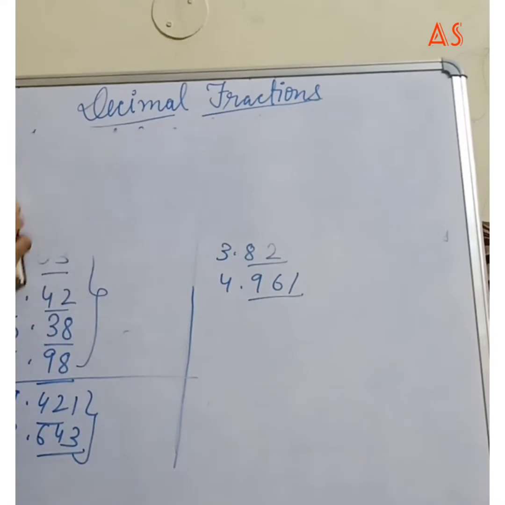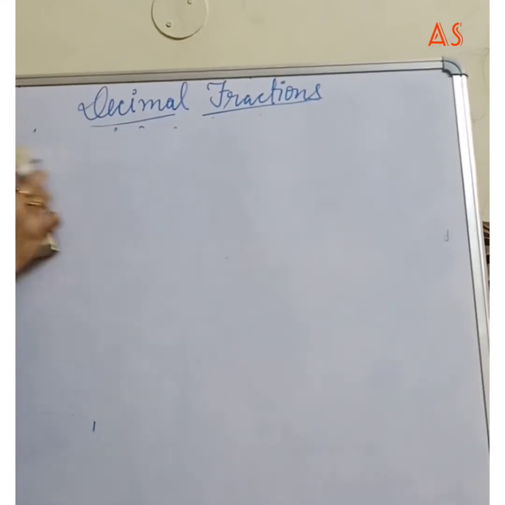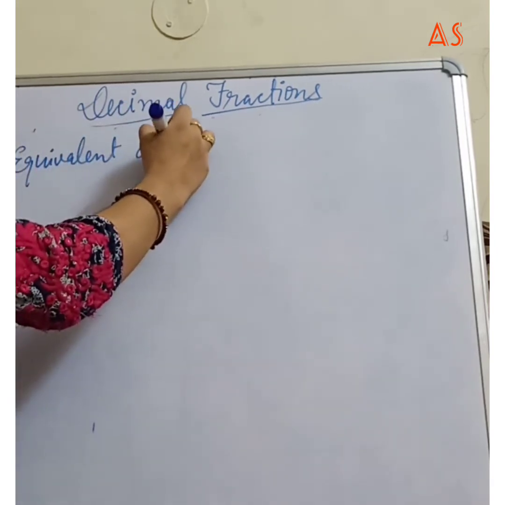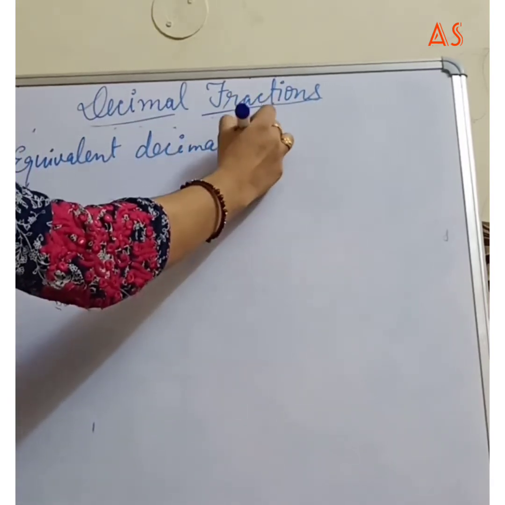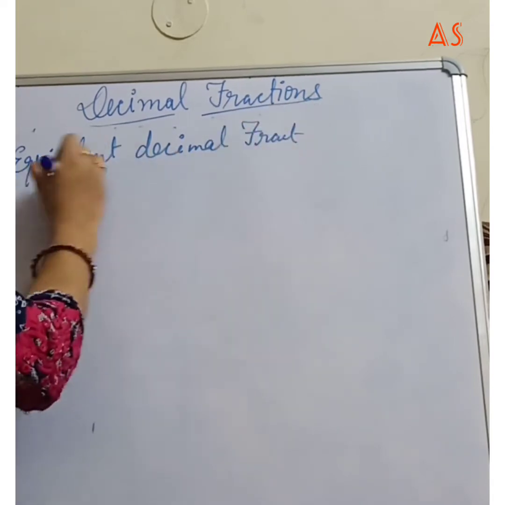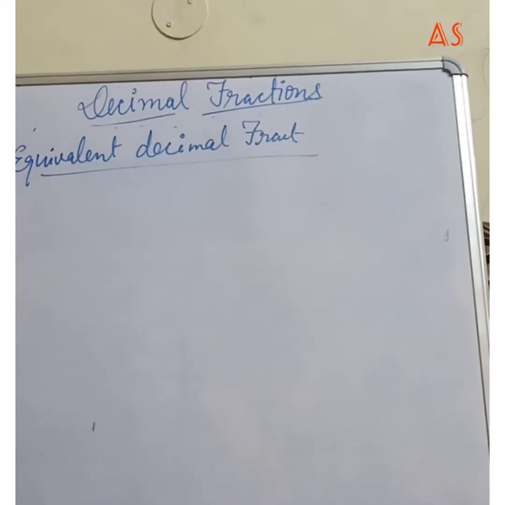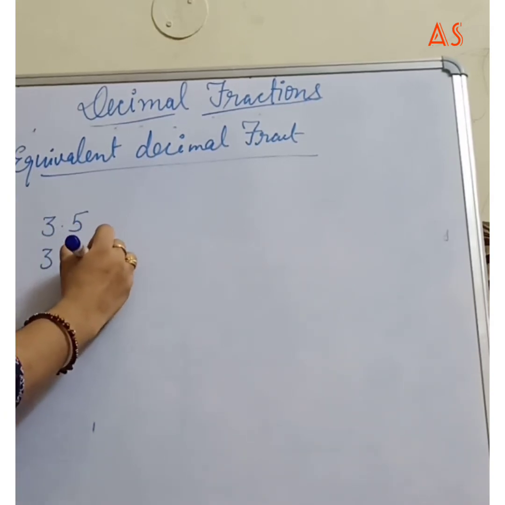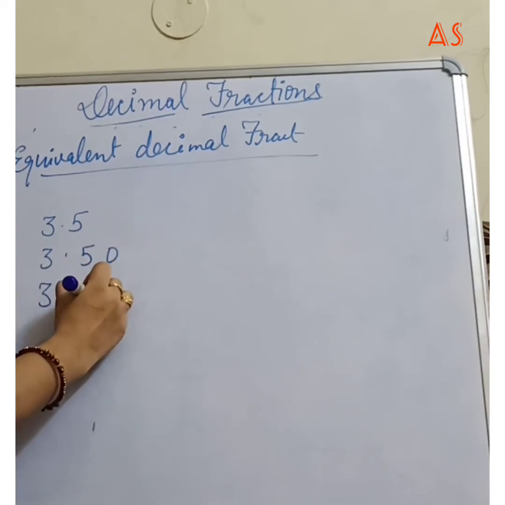Next is equivalent decimal fractions. How to write? For equivalent decimal fractions, 3.5 and 3.50 and 3.500.